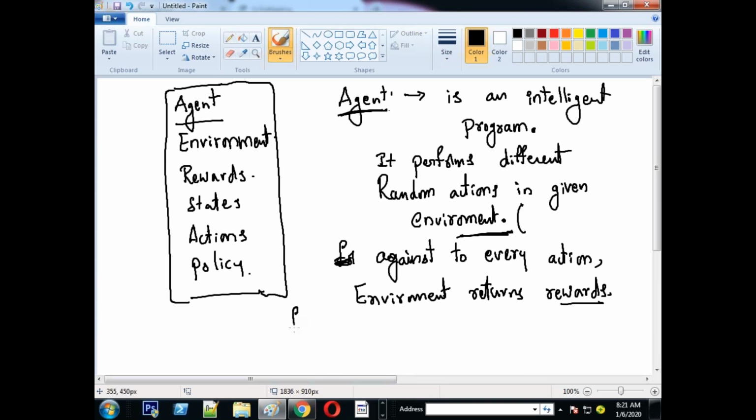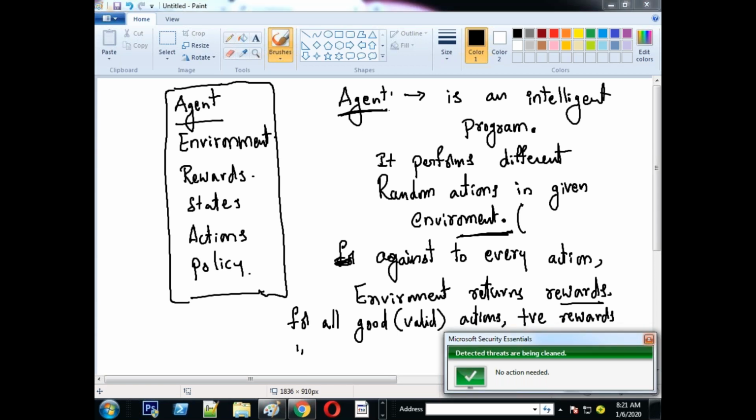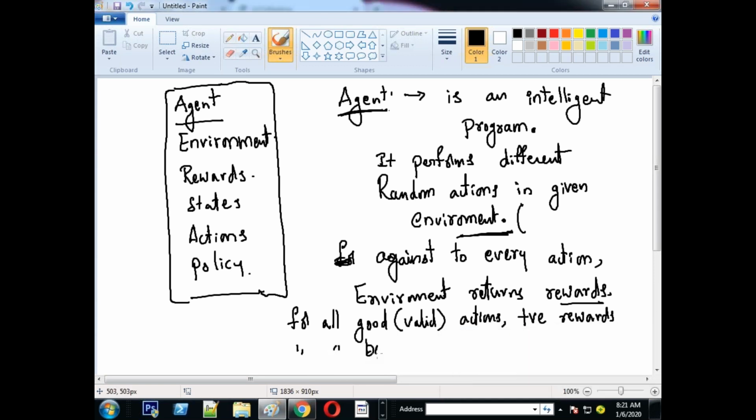It means for all good actions, here good means valid actions, positive rewards. Similarly, for all bad actions, negative rewards. Here, bad means invalid actions.